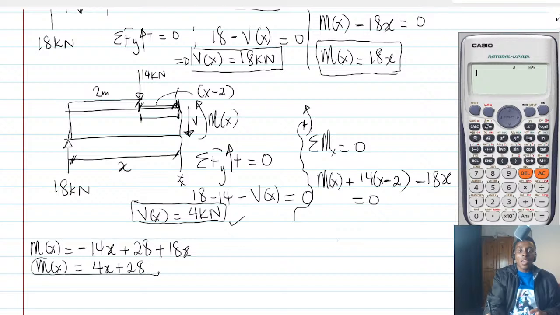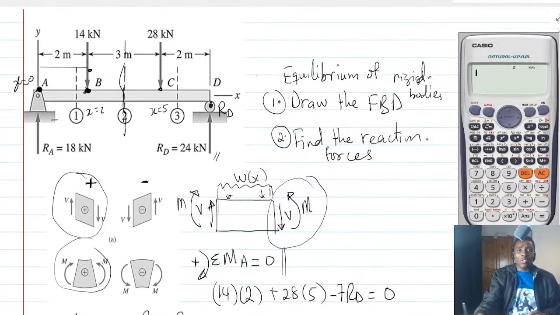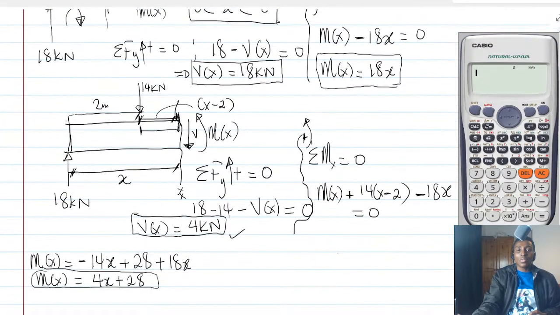Wow. Isn't this concerning? It means that the 4x plus 28 which we have here can be thought of as some straight line. So it means that the moment function from x equals 2 to x equals 5 was a straight line, with an intercept of 28.